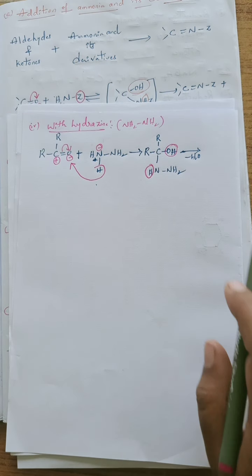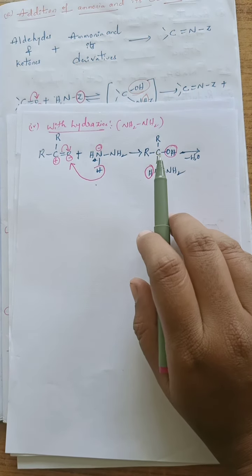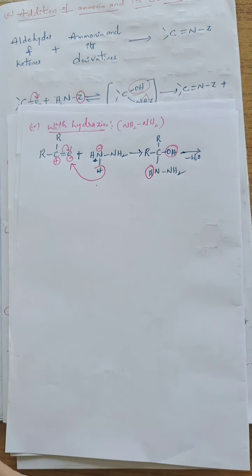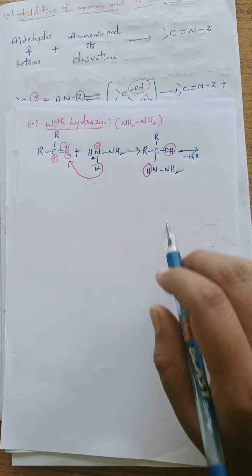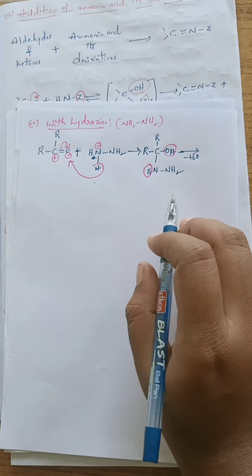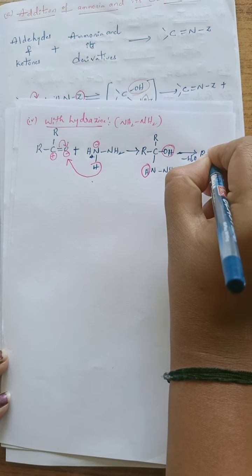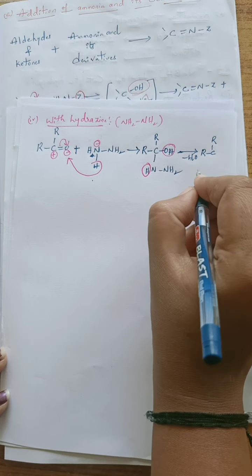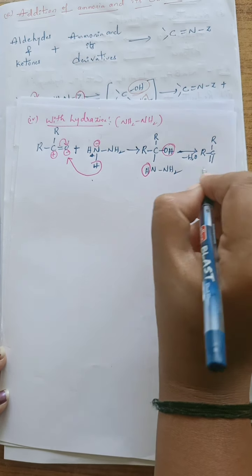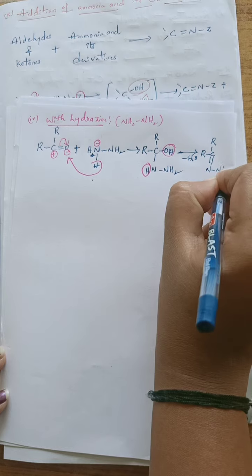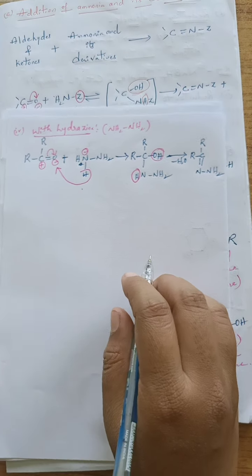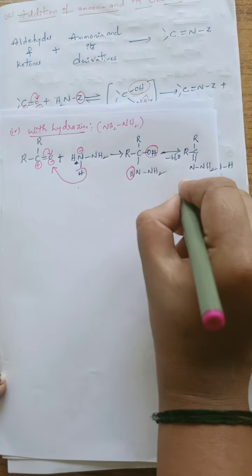Now these two together eliminate as H2O. Then we get the final product, R-C-R double bond N, and to that N, NH2 is added. This is called hydrazone.